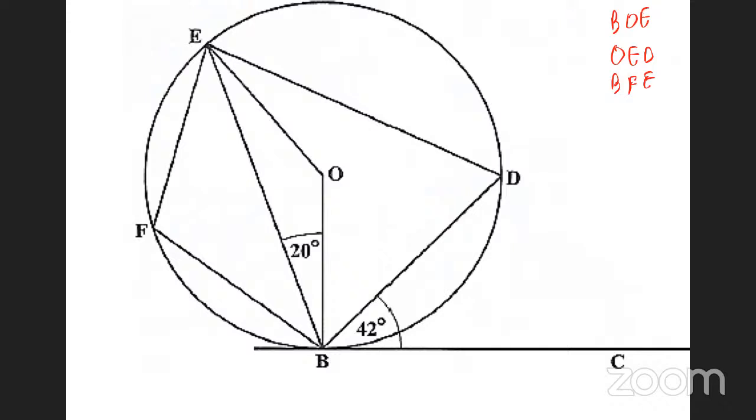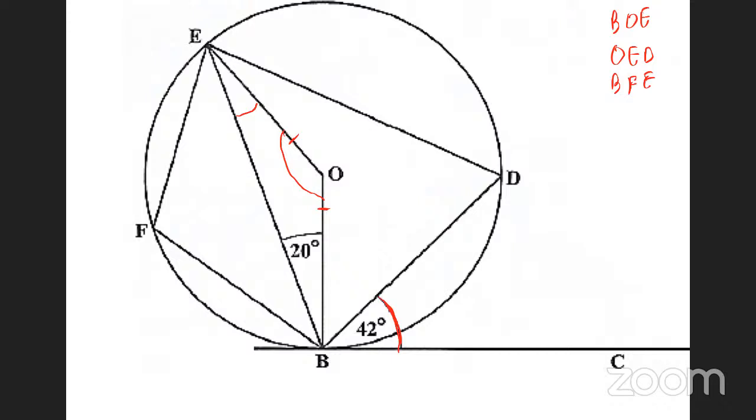Just to help you a bit, there are two radii there. So what type of triangle is that? Isosceles, nice. So you should figure out here, and then you'll figure out here. You're seeing this 42 here. Where again is 42?